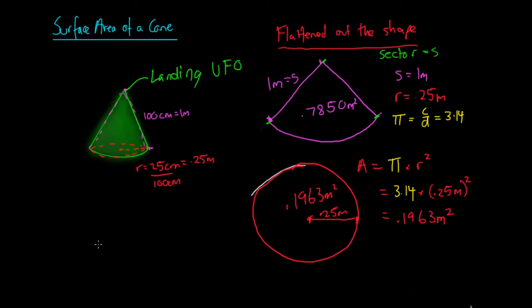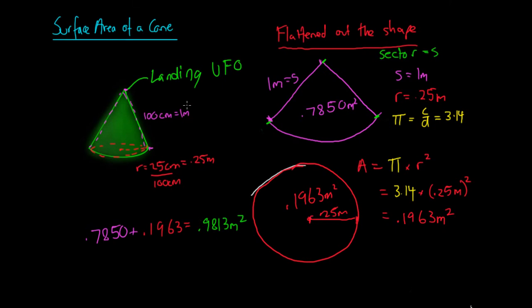So 0.7850 was the area of the cone part plus 0.1963, which was the area of our circle on the bottom, and this gives us the total surface area of the cone: 0.9813 meters squared. We have the units meters squared, remember, because we're talking about the flattened out shapes in 2 dimensions.